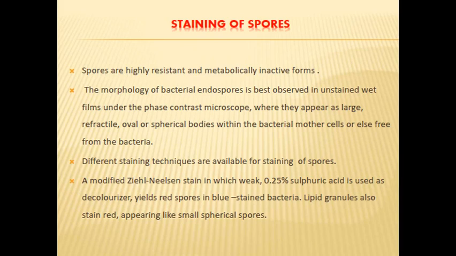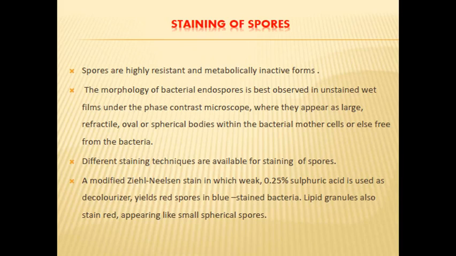The morphology of the bacterial endospore is best observed in an unstained wet film under the phase contrast microscope, where they appear as large refractile oval or spherical bodies within the bacterial mother cells and free from the bacteria. Different staining techniques are available for staining the endospore of bacteria.